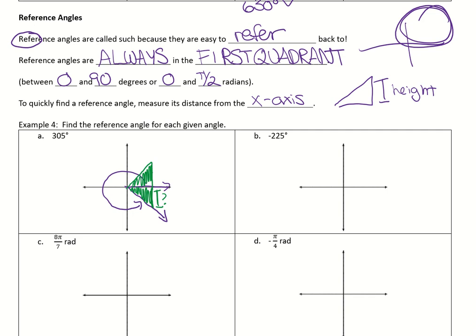Well, we know that if this is 305 and this is 360, the distance between these two measures is 55 degrees. So when we reflect the triangle up, that distance is also going to be 55 degrees. Since you're finding the height of the triangle, you're either always going to use 360 or 0 over here and 180 over here. So the reference angle here is 55 degrees because it's easy to refer to in the first quadrant. It's the same angle, it's just between 0 and 90 degrees.